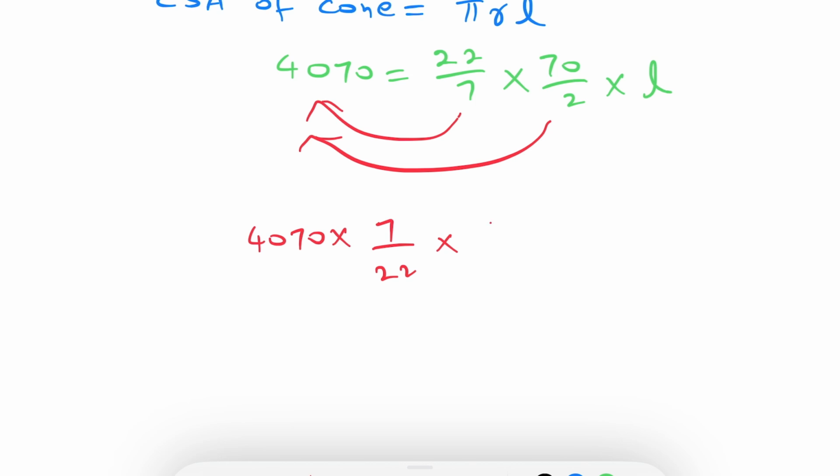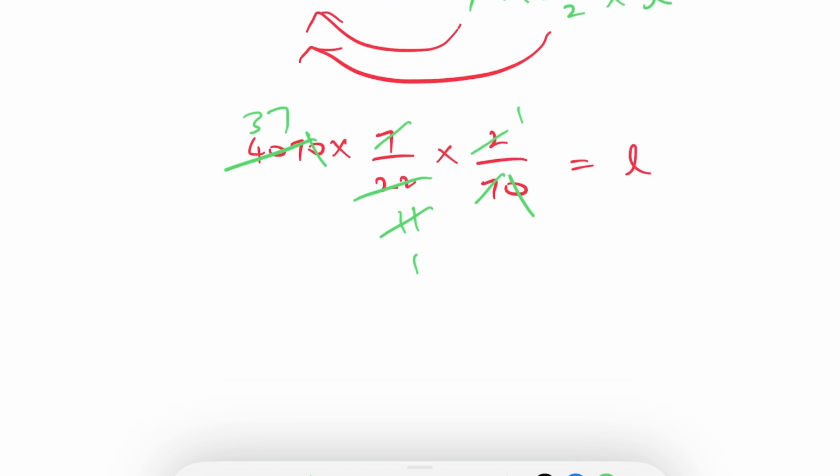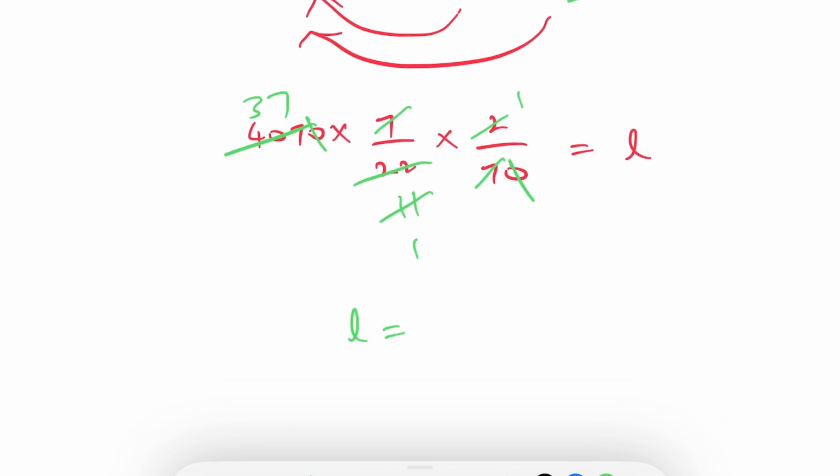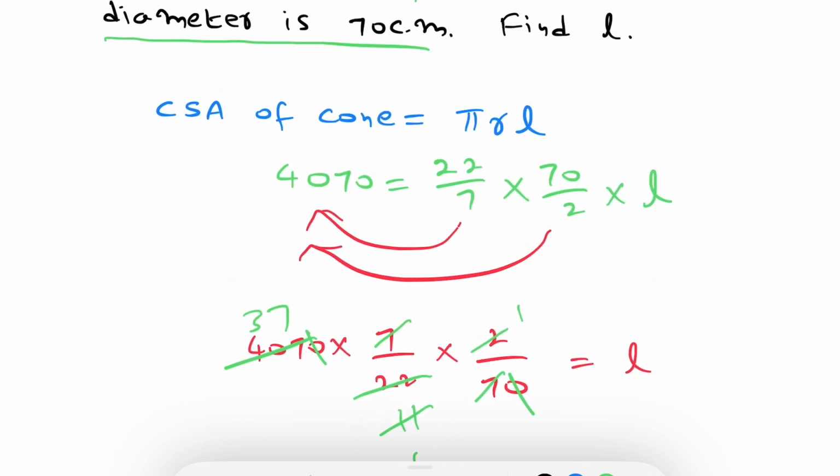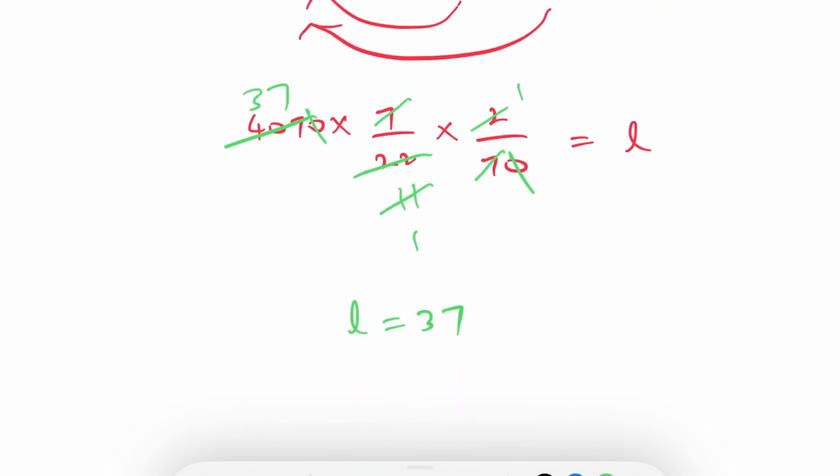So 70 by 22 will become reciprocal, that is 22 by 70, which equals L. Now here the zeros will get cancelled, 2 ones are 2, 2 elevens are, here 7 and 7 cancel, and the 11 table we will get 407. So 11 ones are 11, 11 threes are 33, 11 sevens are 77. So the slant height of the cone is 37. In the question every measurement is in centimeters, so this is also in centimeters.